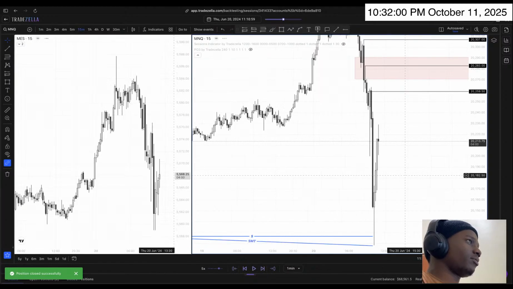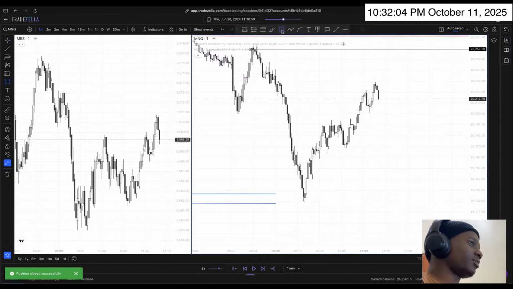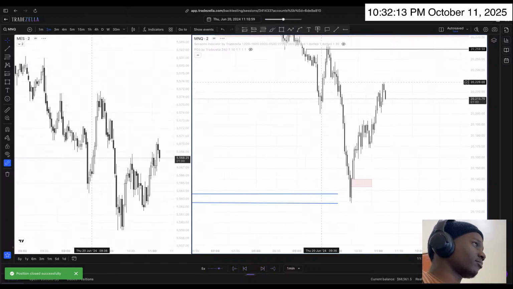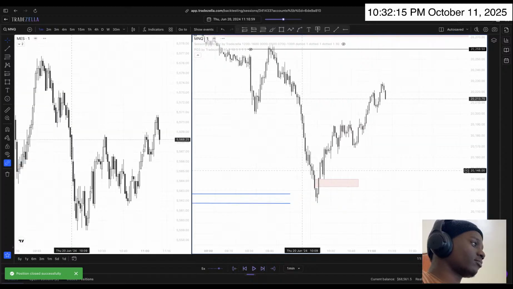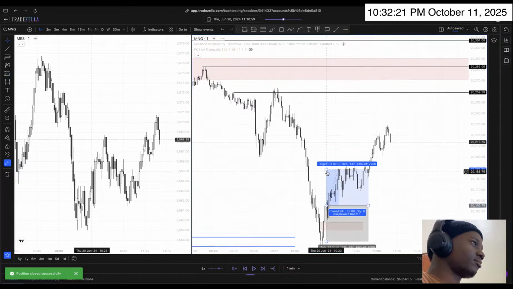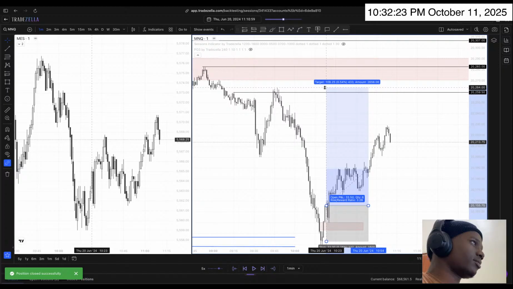So now we're in this 15-minute gap. On the 1 minute, we can see that there is good inversion. Like, let's say you enter here, maybe. Now the target, let's say the target will be there.